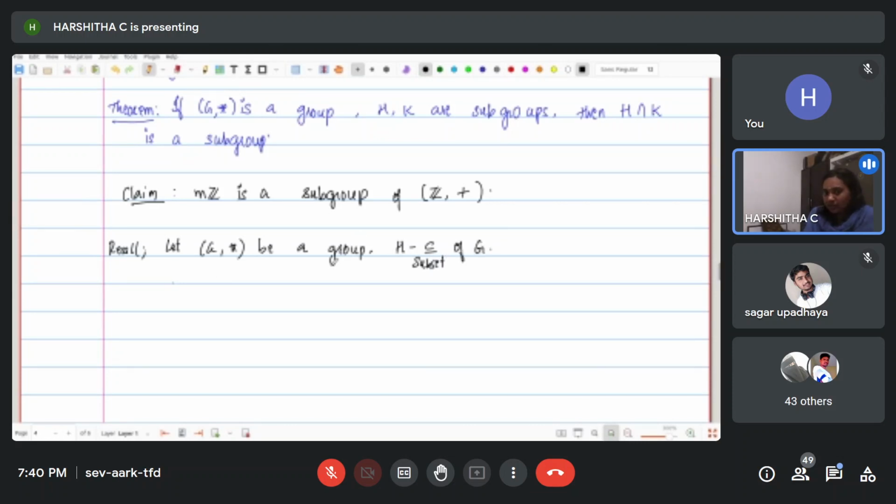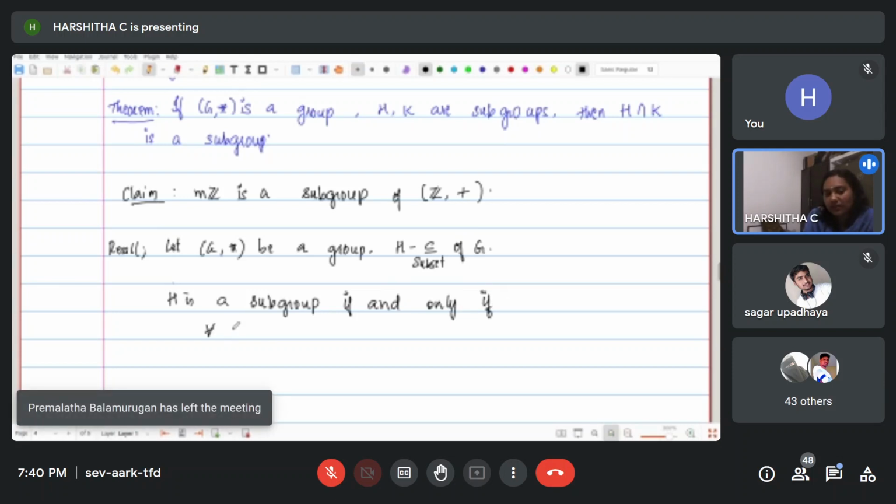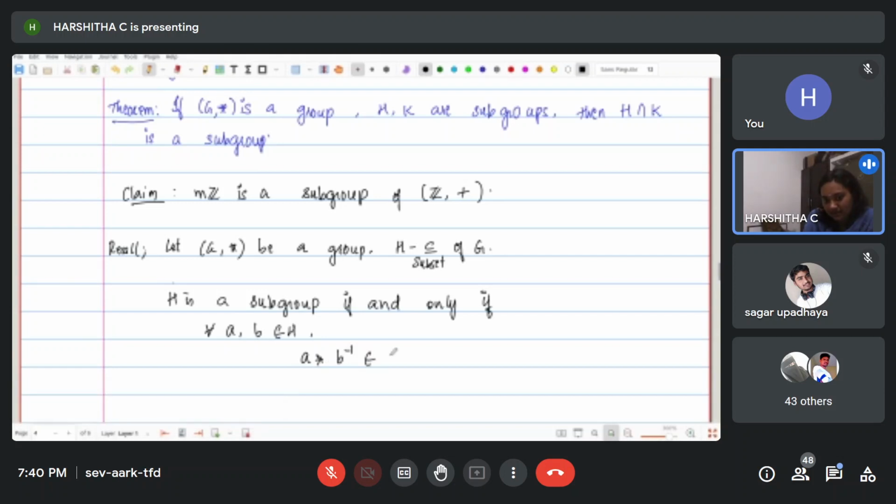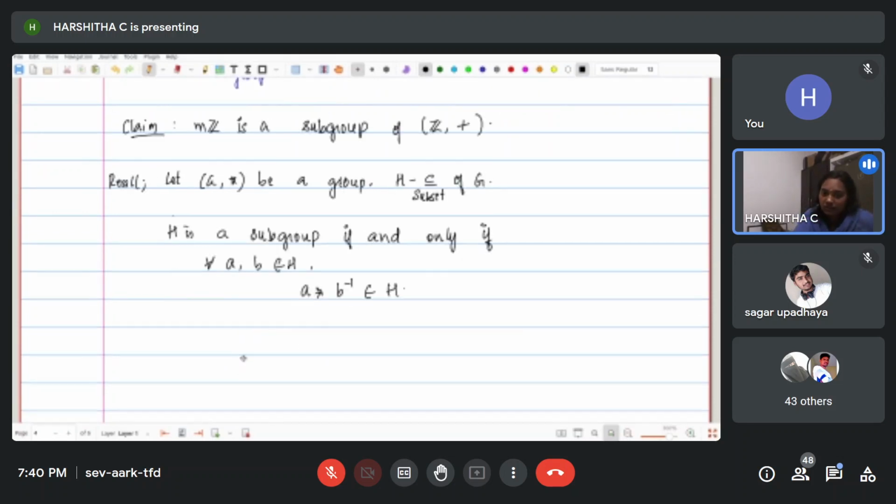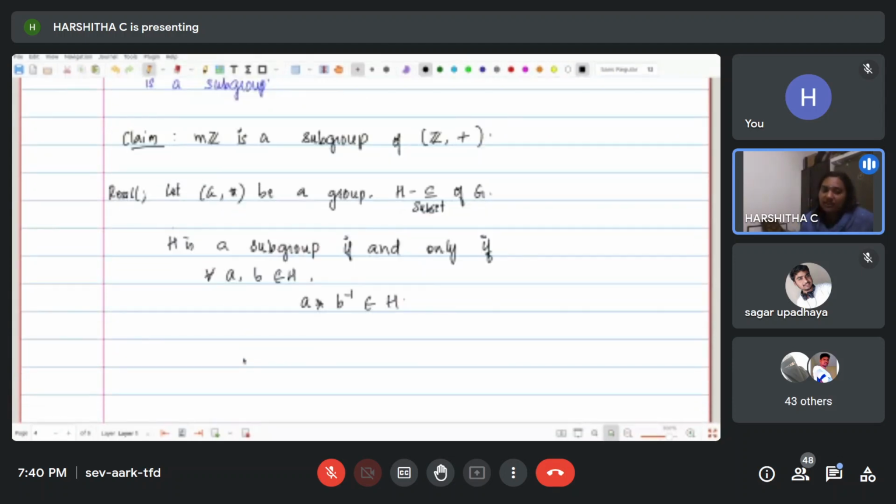How do you check that H is a subgroup? H is a subgroup if and only if, the easiest condition, you take any two elements A and B in H and you show that A star B inverse is in H. So you take any two elements in H, invert the second, multiply it with the first one, and show that that is in H. This is a sufficient condition to check that something is a subgroup.